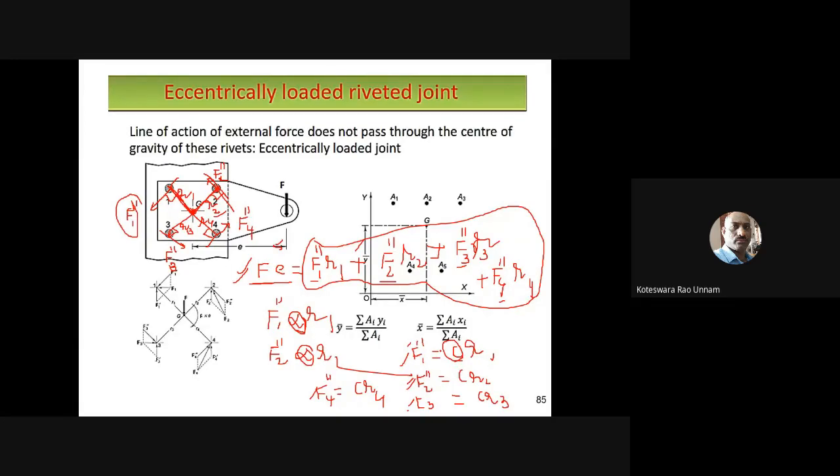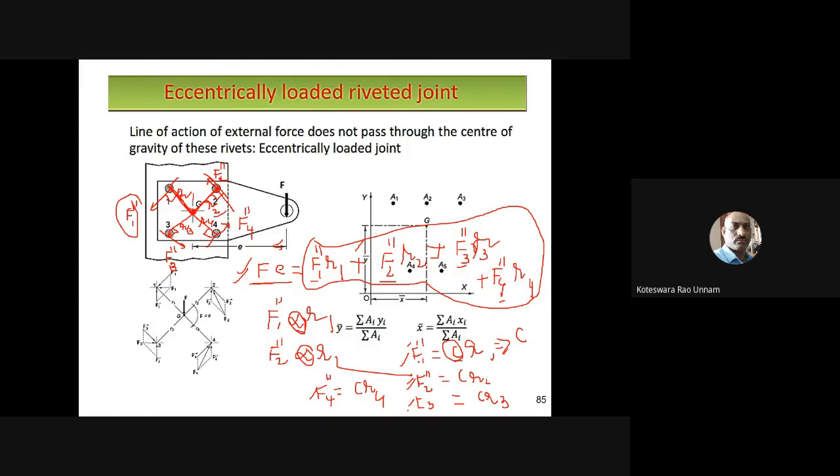Now I can solve for these unknown forces, F1 double dash, F2 double dash, F3 double dash, and F4 double dash. So let us take these 4 rivets condition now. How can I estimate these values now? If I use these conditions, from this equation I can write an expression for C. What is C?